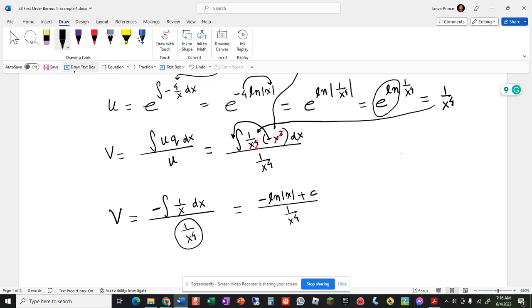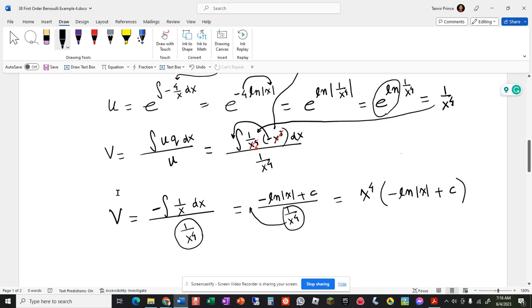And of course I can flip it. I can put it in the top. So 1 over x to the 4, I can flip it, and then I get x to the 4 in the numerator, and I get that.